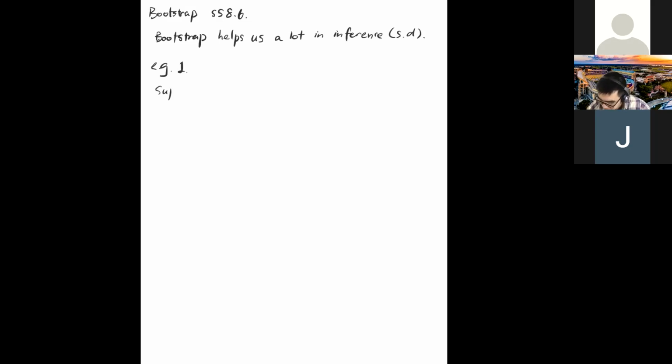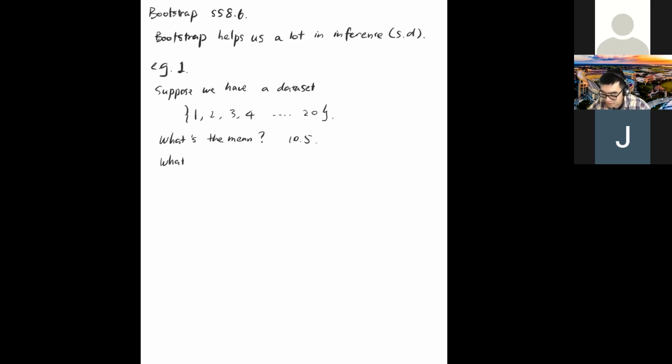Suppose we have a data set, a very simple data set: 1, 2, 3, 4, all the way to 20. What's the mean? The mean is very straightforward: you can calculate it, it's equal to 10.5. But the question is, what about the standard error?